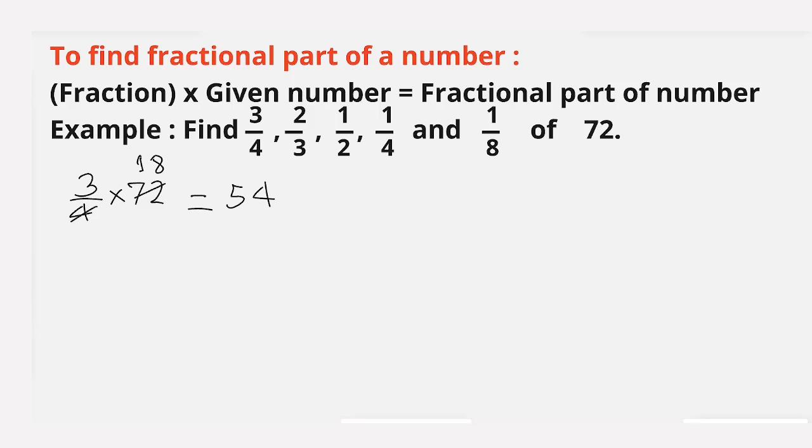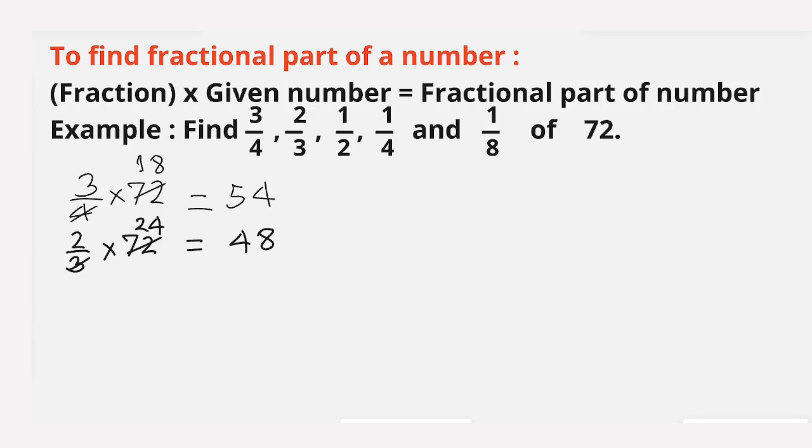Next we have to find 2 upon 3 of 72. So 2 upon 3 multiplied by 72. 3 goes into 72 twenty-four times and 24 times 2 is 48. That is, 2 upon 3 of 72 is 48.